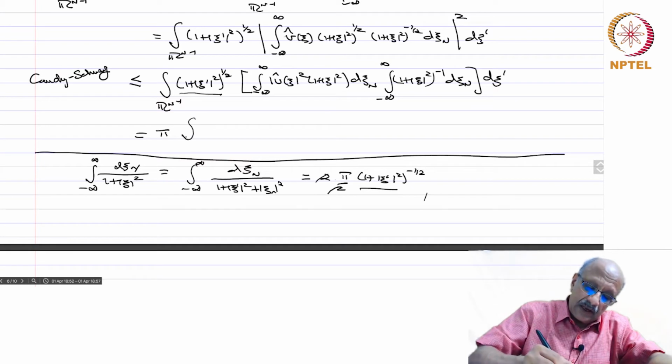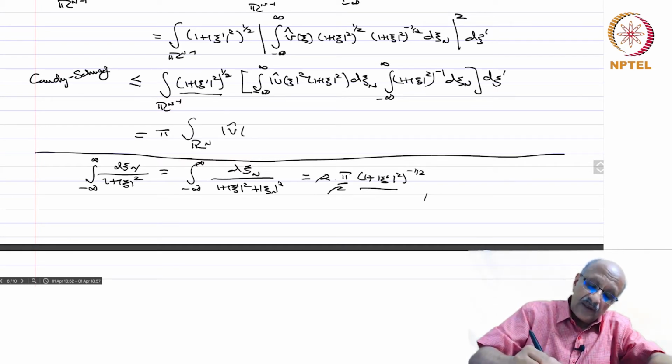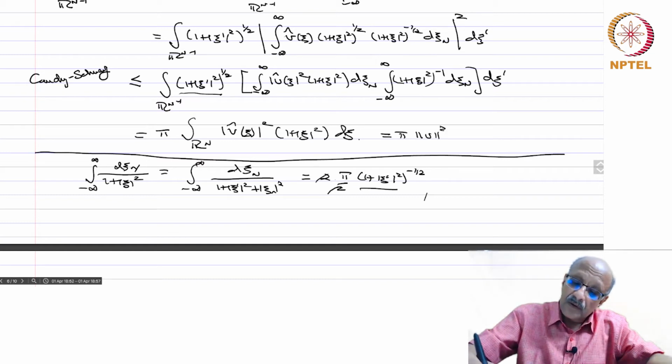Pi times the integral over Rn of mod V hat psi square into 1 plus mod psi square d psi. And what is that? That is nothing but pi into norm V square in H1 Rn.